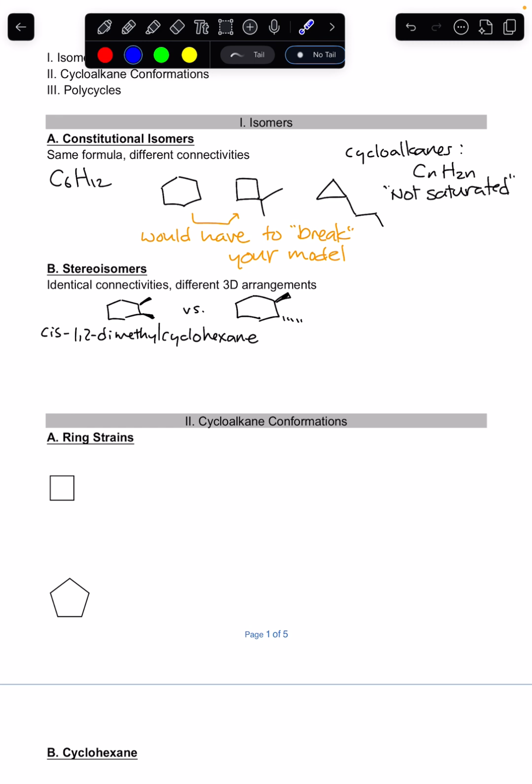Based on the rules we've already gone over for linear alkanes, it might not be too surprising that it says 1,2-dimethylcyclohexane. Now this cis indicates the stereochemistry, because both of these two structures would be named 1,2-dimethylcyclohexane.